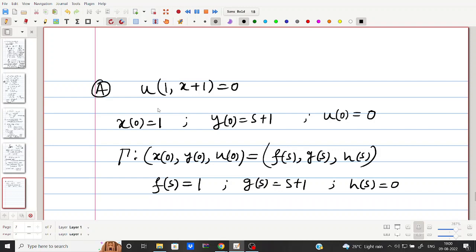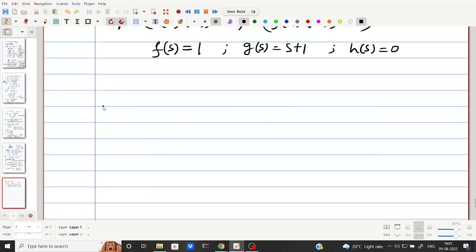Okay, I'm just removing this thing. So now I will calculate this determinant, that Jacobian. So the Jacobian J(0,s) is equal to A at (f(s), g(s), h(s)) times f dash s, and B at (f(s), g(s), h(s)) times g dash s.